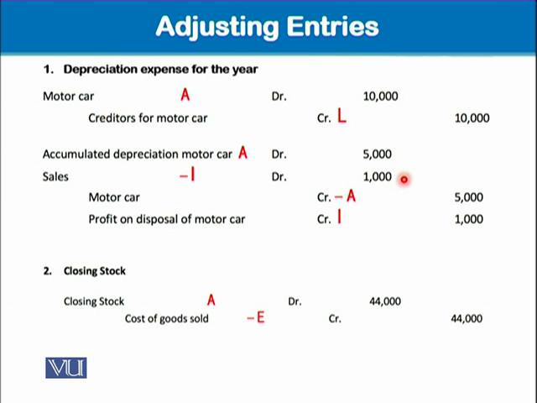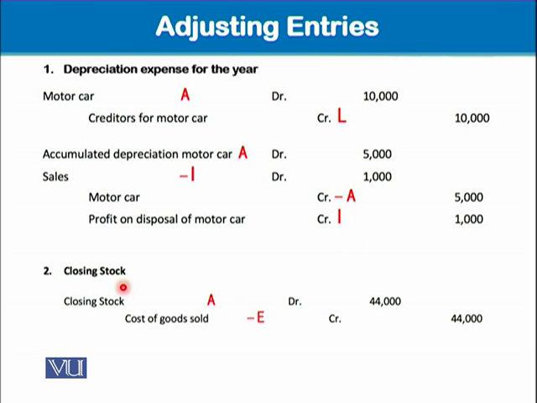So now we have to debit the sales account, which will decrease our income. We have to debit accumulated depreciation, which will reduce our accumulated depreciation, as we see in the table of depreciation calculation. And motor car will also be credited, which will reduce our motor car assets. This is also what we have seen in the depreciation table. And profit on disposal of motor car will be credited. This is our income. It will appear in our income statement as other income.